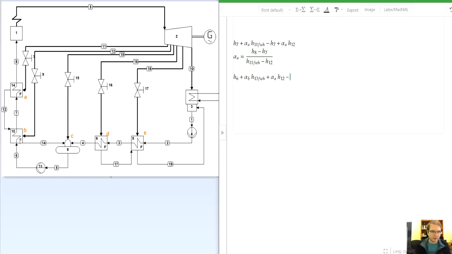And the outlets of this feedwater heater are enthalpy 7 multiplied by the mass flow rate of 1 and our node number 14 where the mass flow rate is alpha A plus alpha B times enthalpy at this node H14.